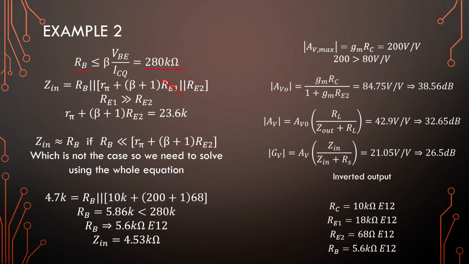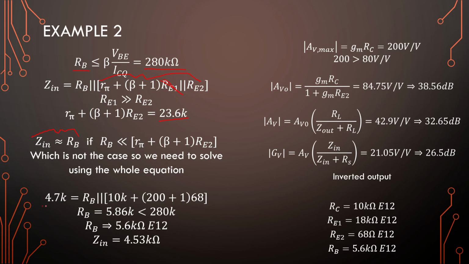If we design for specific input impedances, it's best to work out that part of the equation first, and we see that this is 23.6 kilo ohms. Now, Zin is approximately equal to our RB value if RB is much smaller than this monstrosity right here.